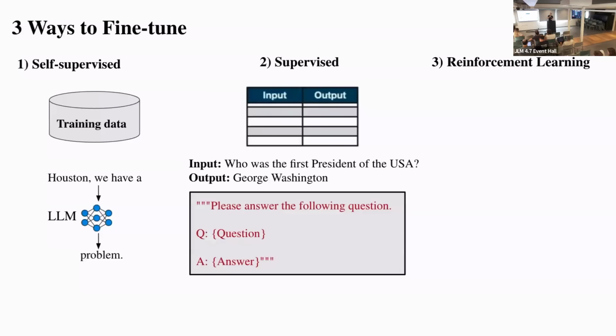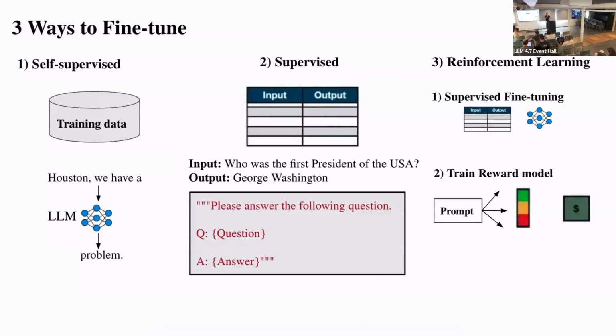Okay, and the third option is using reinforcement learning. For this option, I'm going to show you how OpenAI used reinforcement learning when they launched ChatGPT, as part of their training process. In general, we have the fine-tuned model, and then we have some reward model.